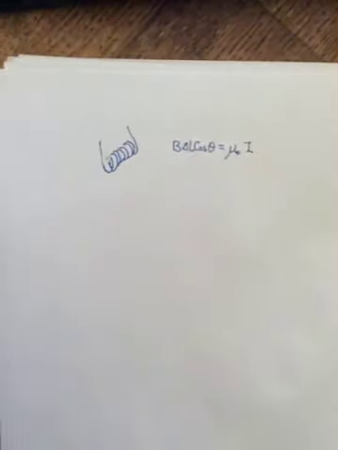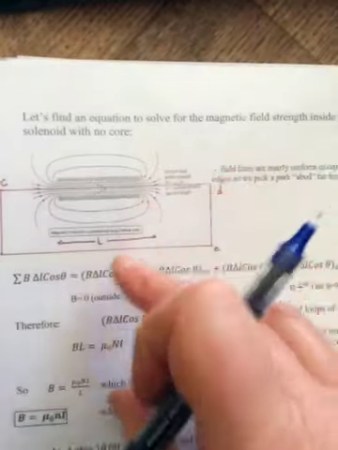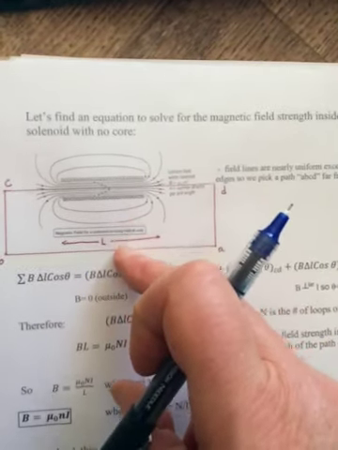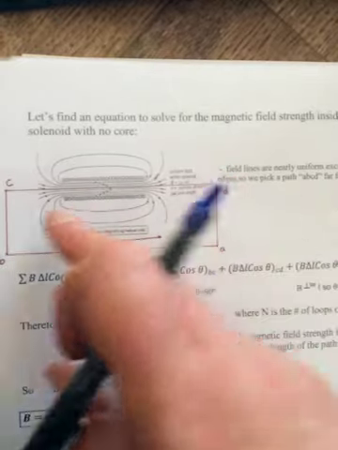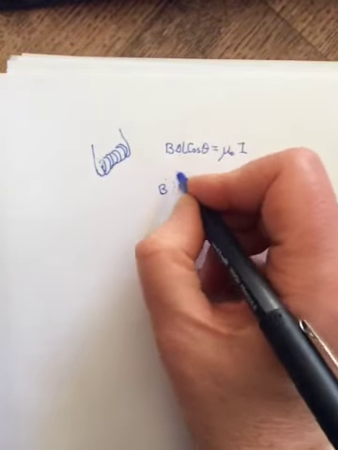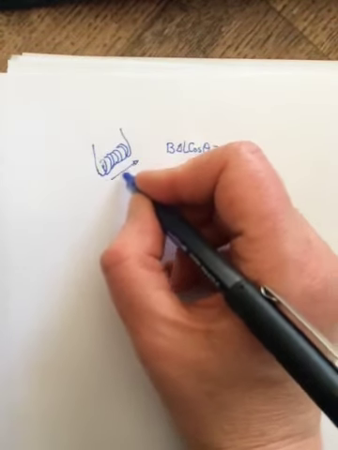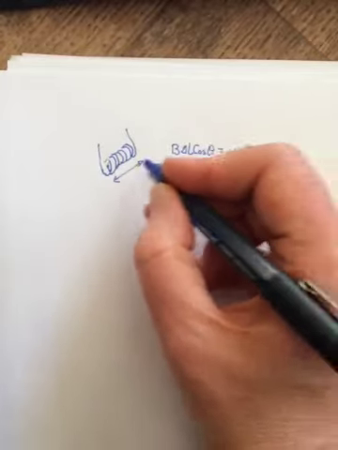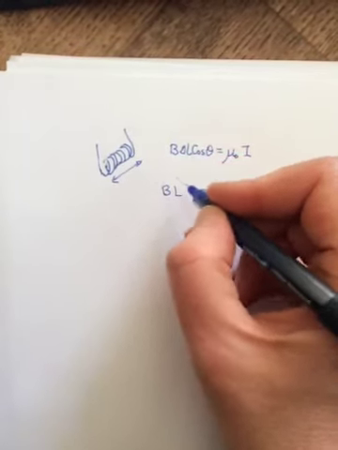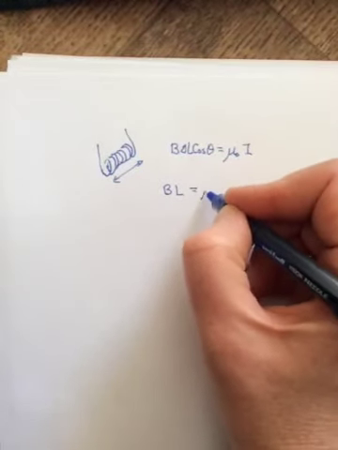So we had gotten rid of all the other terms because the B was 0 so far away, and for the others the angle was 90 degrees. So we said, okay, it's going to be B, and the delta L is really just the length of the solenoid. So this is L. And the cos theta is going to be 1 because the angle is 0. And that's equal to mu O I.